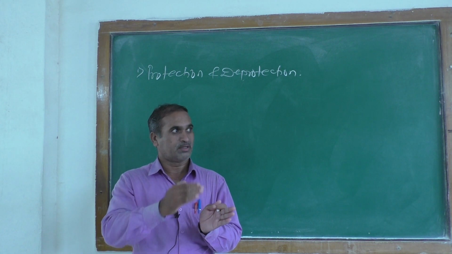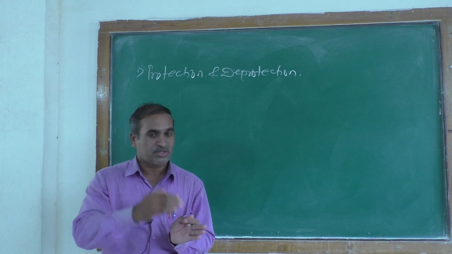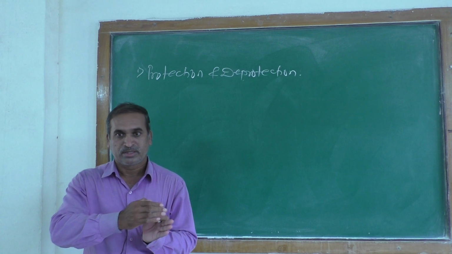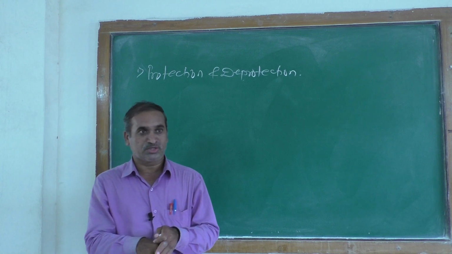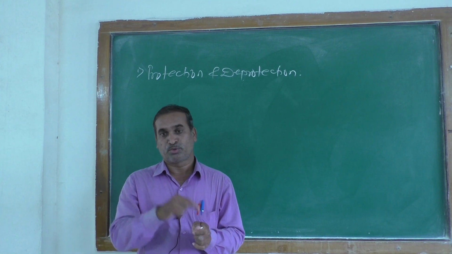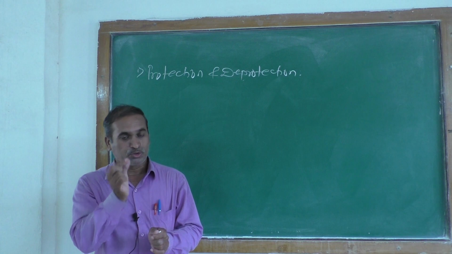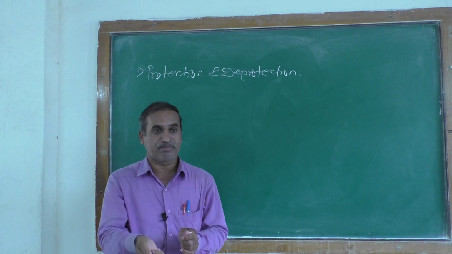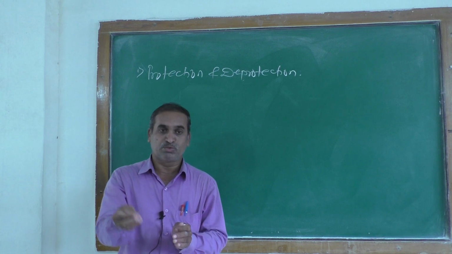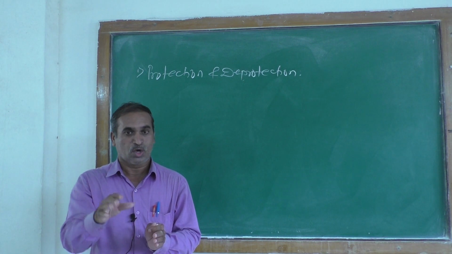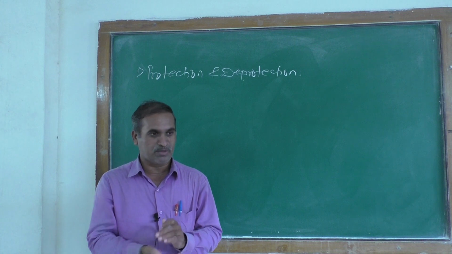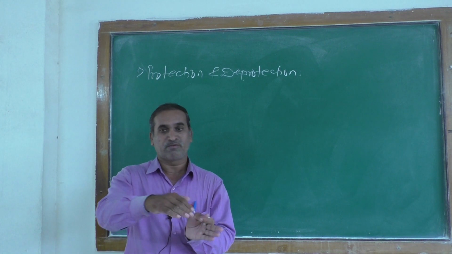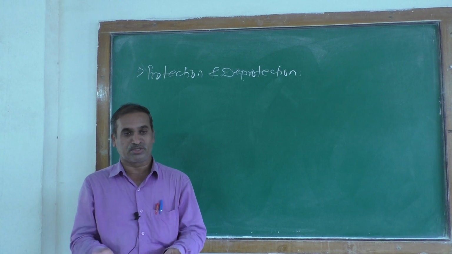and the necessary reaction is carried out, and during that reaction the protecting group should be stable. It should not be affected by the reagent we are using for oxidizing or reducing purposes or converting one functional group into another functional group.